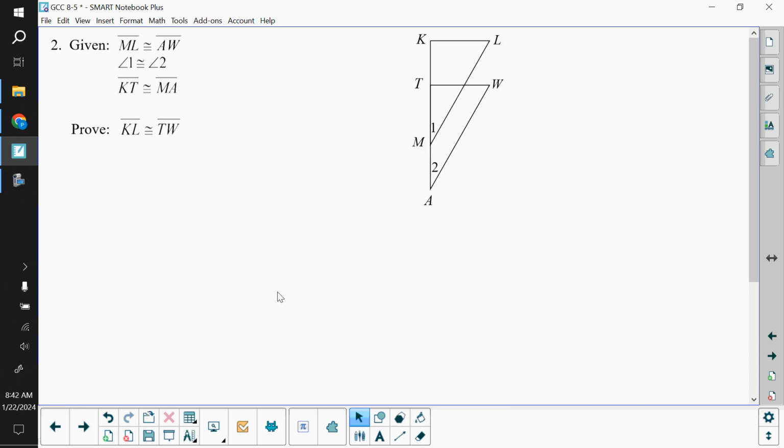All right, moving over to number 2 on the next page, we'll do our statements, reasons, and givens.